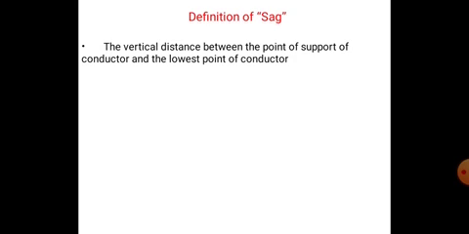The vertical distance between points of support of the conductor and the lowest point of the conductor. Here it is point A, here it is point B. Point A means one pole, point B is another pole.